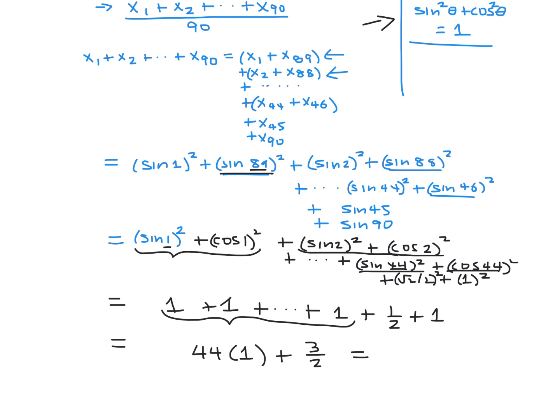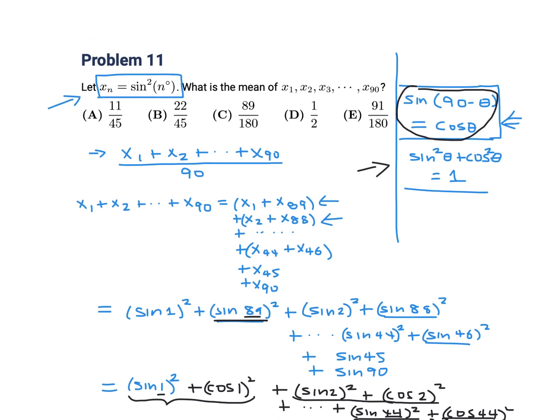When you add this all up, it'll be 91 over 2. 91 over 2 is just the numerator. To get the mean, which is what they want, we take that 91 over 2 and divide it by 90. And when you do, you get 91 over 180. And therefore the answer would be E.